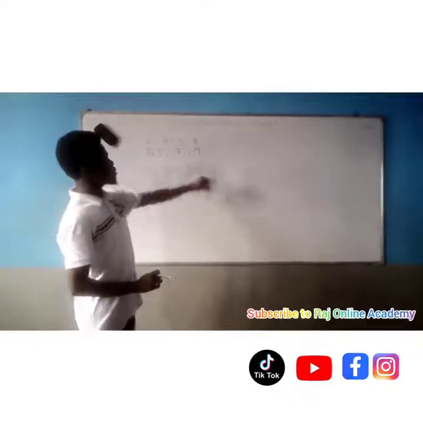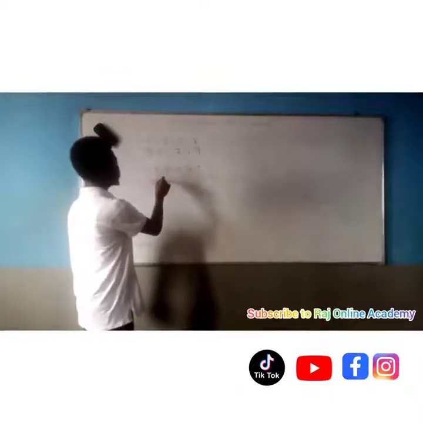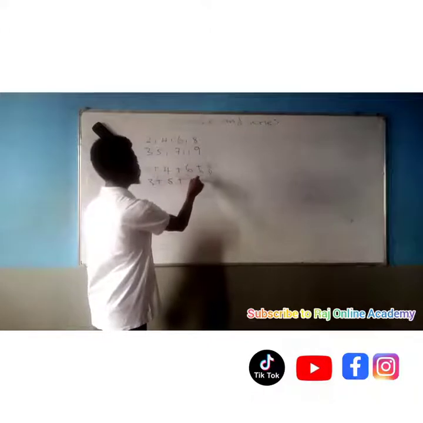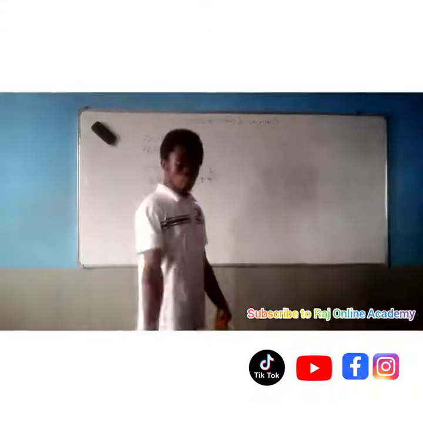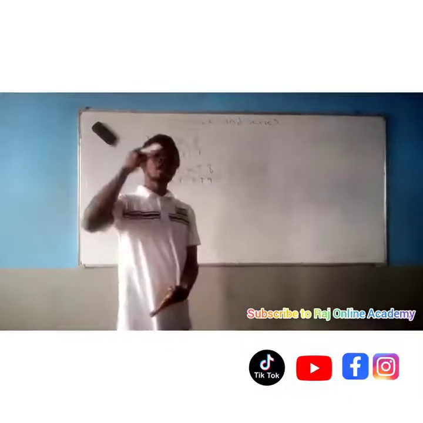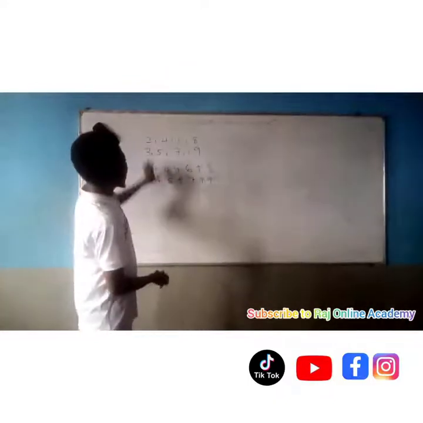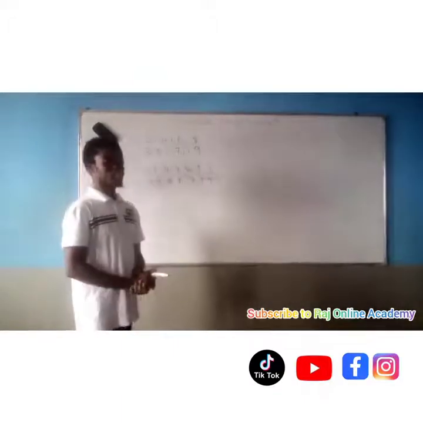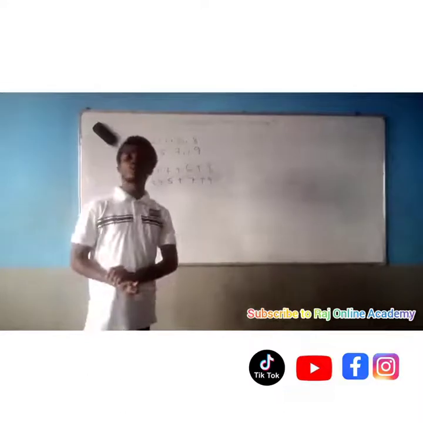For the other values, we have 3 plus 5 plus 7 plus 9. So a series is the algebraic sum of a sequence. We have converted the sequence to a series.